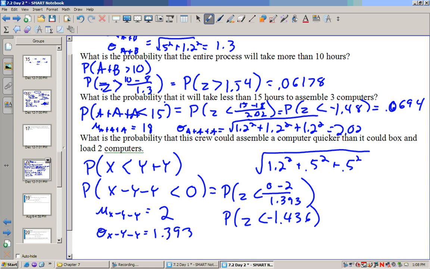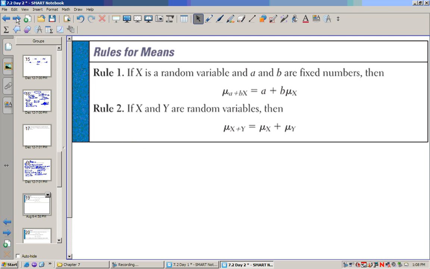So I do a normal CDF from a big negative number to negative 1.436, and I get 0.0755. So there's about a 7.5% chance that they can assemble a computer quicker than loading and boxing it on the trucks.